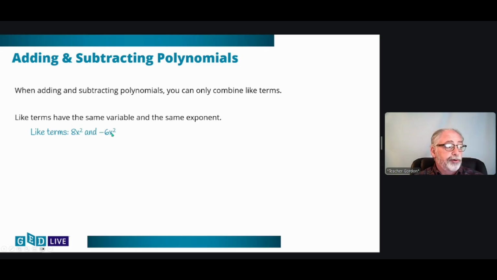Since these are both x squared, same variable, same exponent, we can combine them. It's like if you have 8 chicken eggs, and then you subtract 6 chicken eggs, how many chicken eggs will you have left? These are all chicken eggs, called x squared.